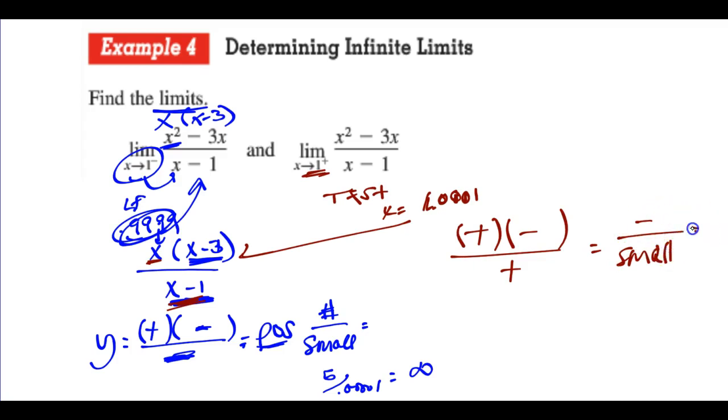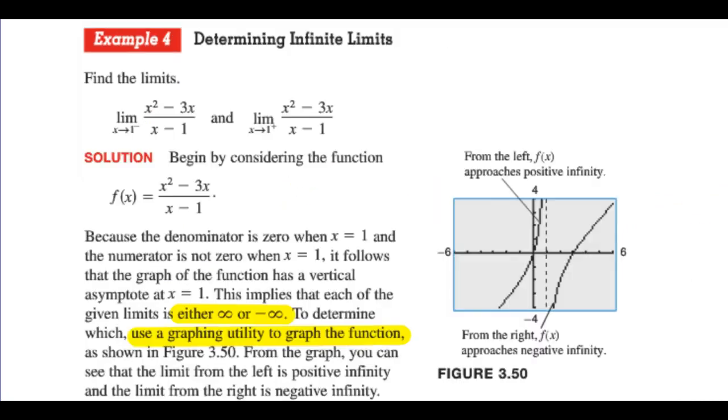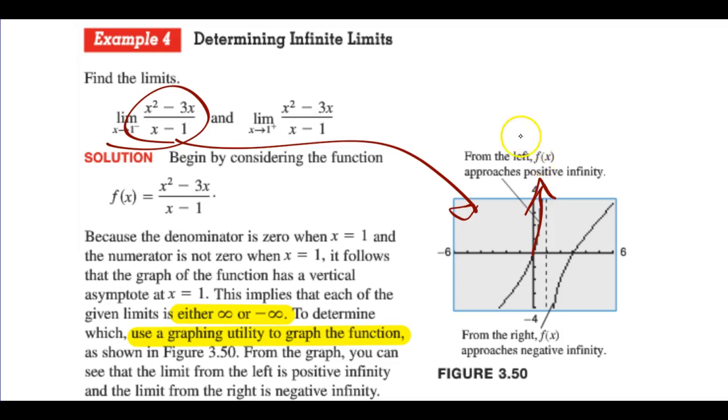A negative number divided by something infinitely small gets infinitely large, and we'll say negative infinity for the negative. Again, you're welcome to pick up your graphing calculator, just graph this thing and check it out. You can see from the left it goes to positive infinity, and then from the right it's going to negative infinity.